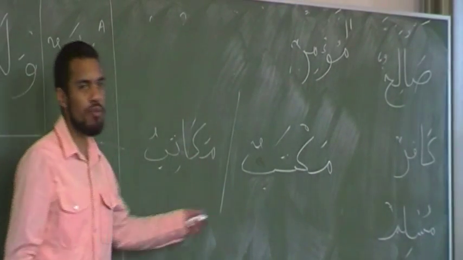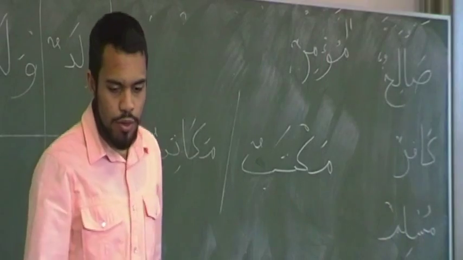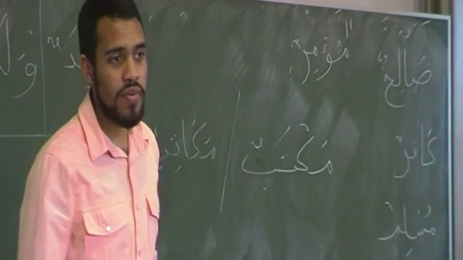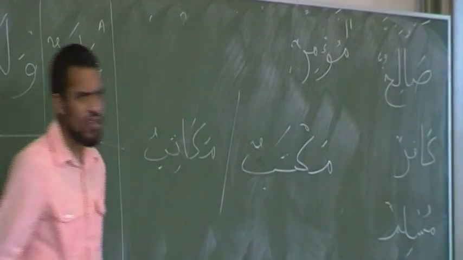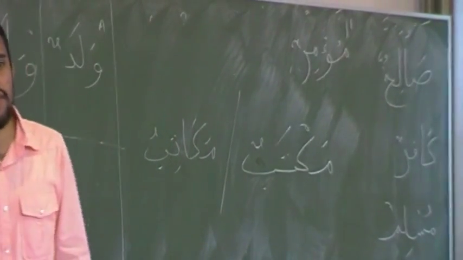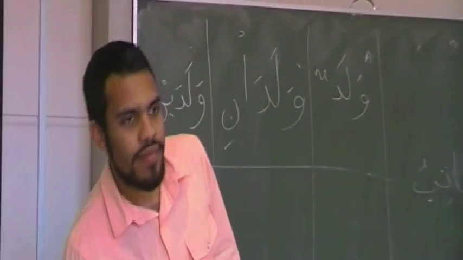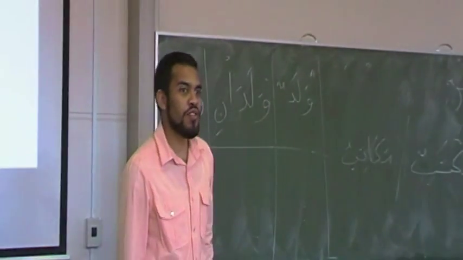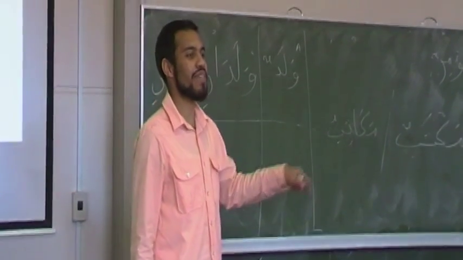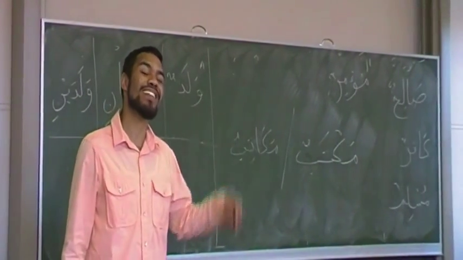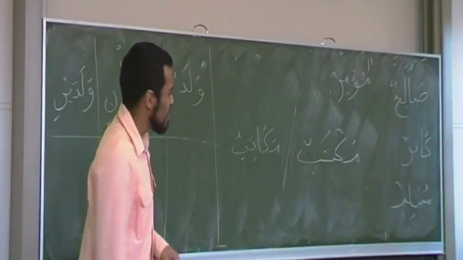Now the plural here, maktabun, makatibu. What's the plural? Makatib. Is this sound or is it broken? Broken. If it was sound, it would be makatibuna, makatibina, makatibat, makatibun, makatibatin. Right?